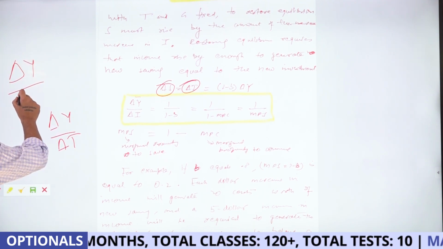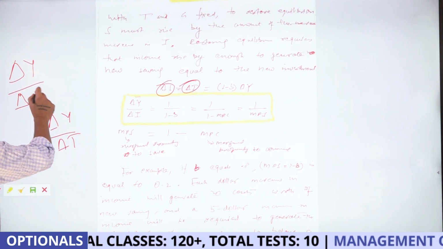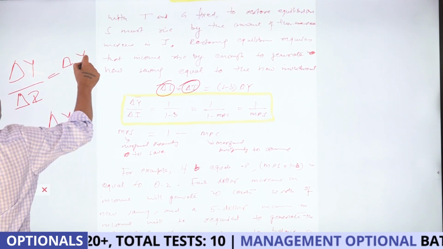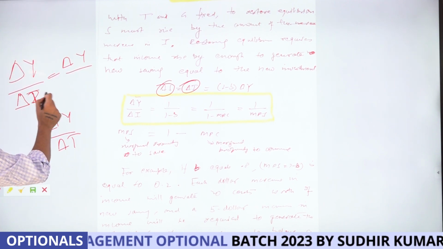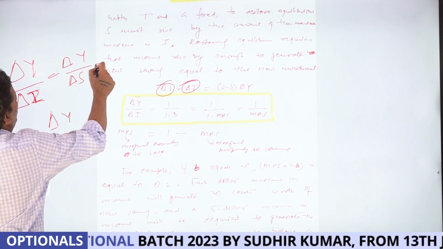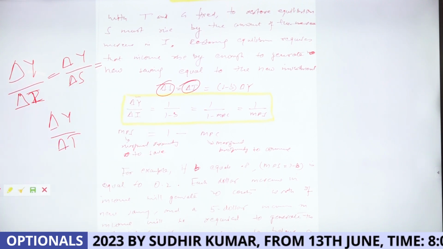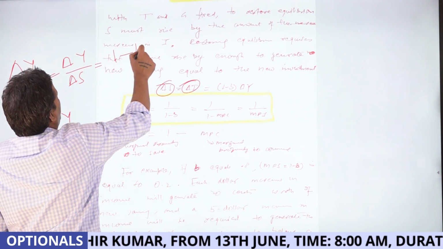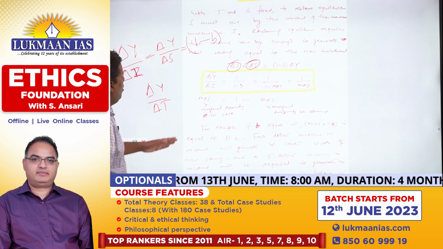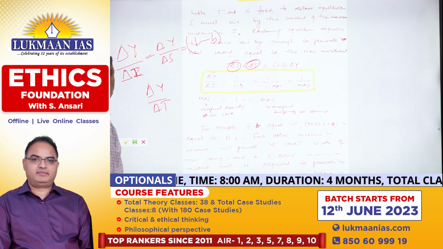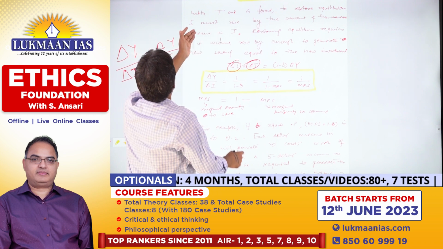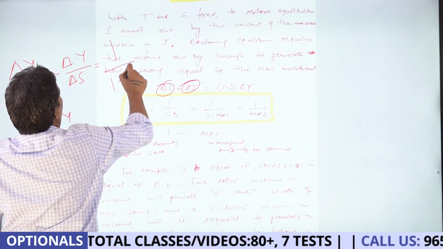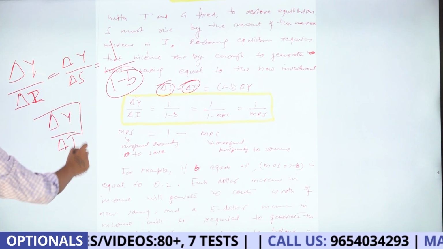This delta Y upon delta I is nothing but the change in your income to the change in your investment, and this is the change in the saving, and it is given by 1 upon 1 minus B. This would be 1 upon 1 minus B, but for taxes the story is different.